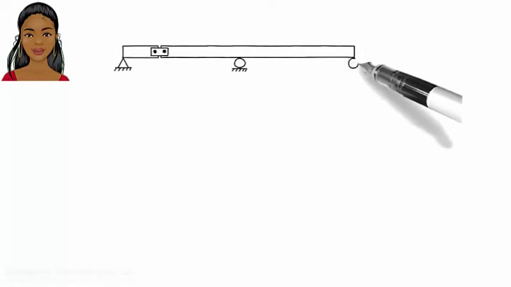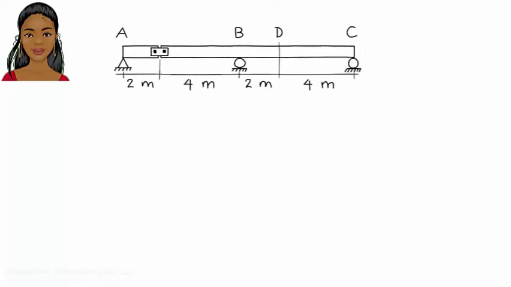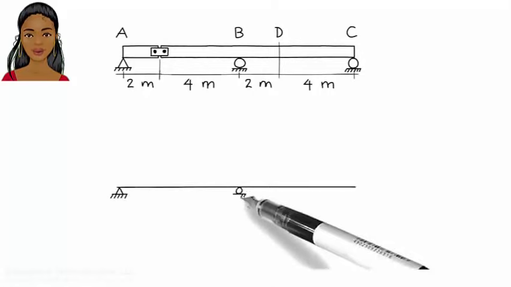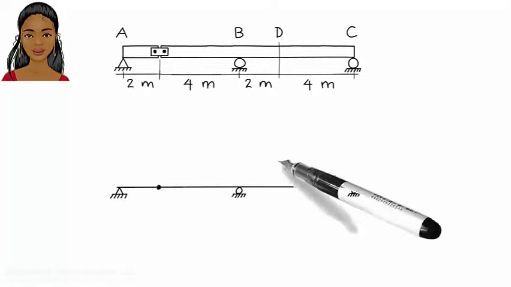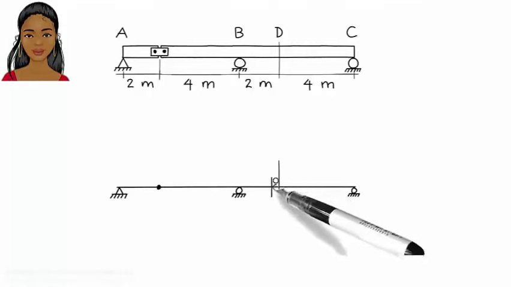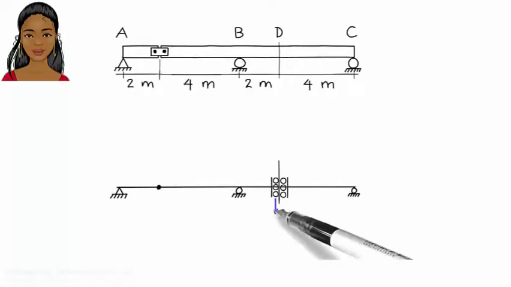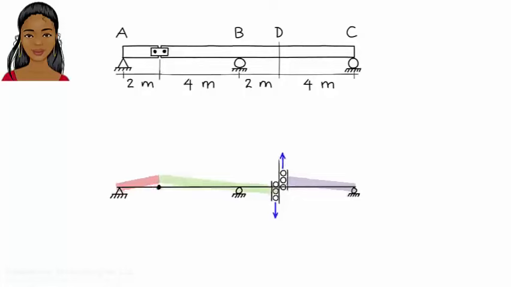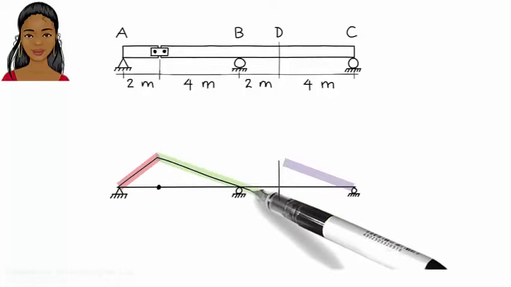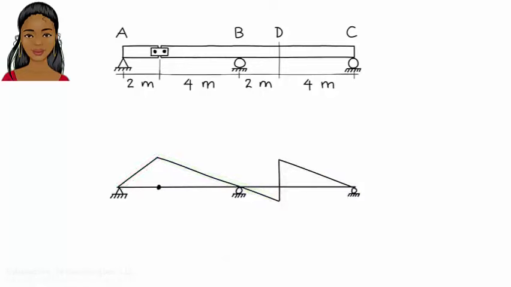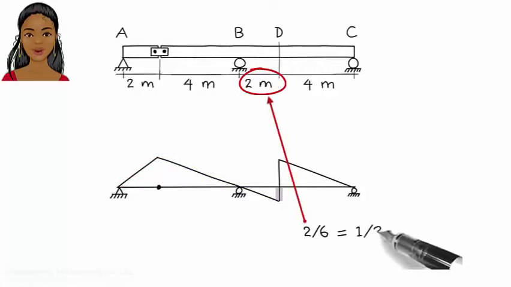Consider this beam. Here is the influence line for shear at D. So the height on the negative side here is 2/6, or 1/3.